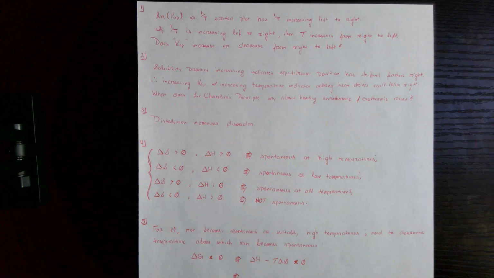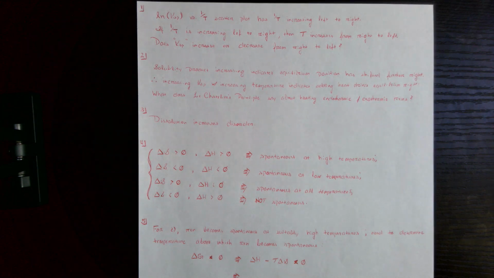And in general, Le Chatelier's principle says, if you increase the concentration of a reactant, that shifts the equilibrium to the right. So if you're adding heat and you see the equilibrium shift to the right, that's indicative that you have an endothermic reaction here.